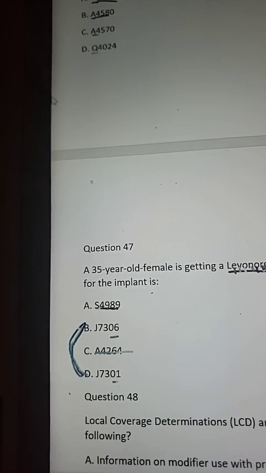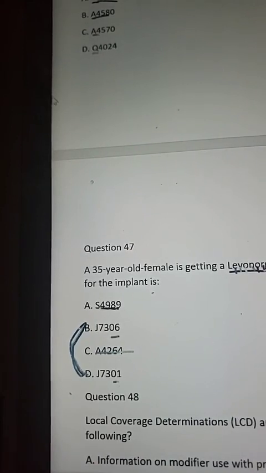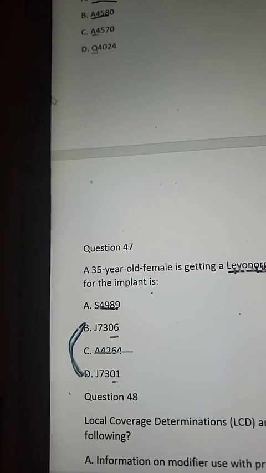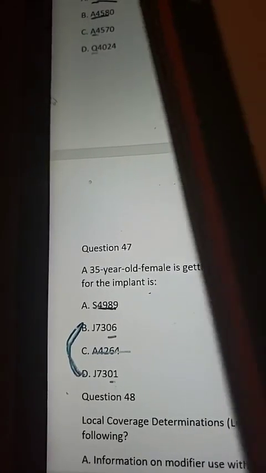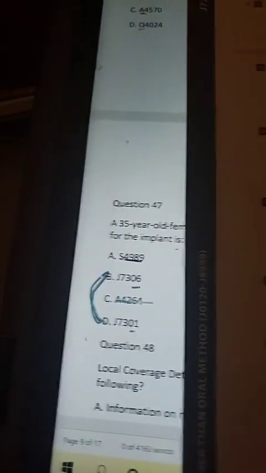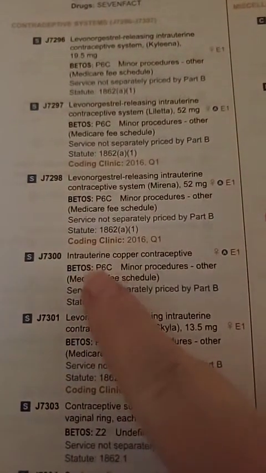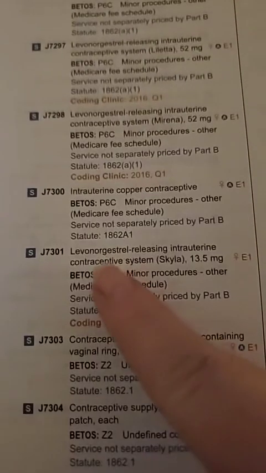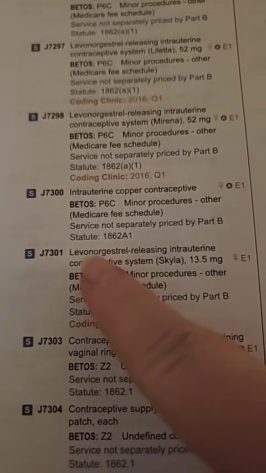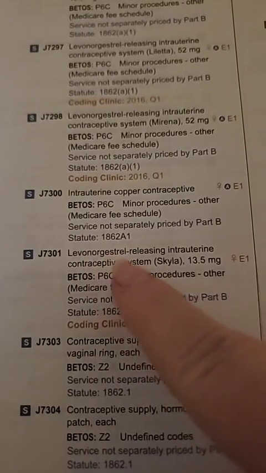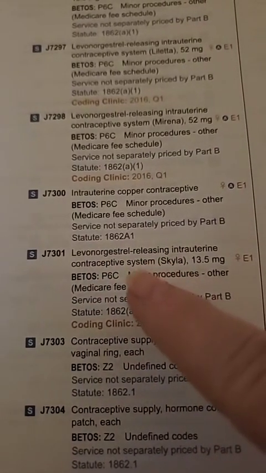J73. And then 06. So they said 01, which is Aleve, ONOR, gesto release.